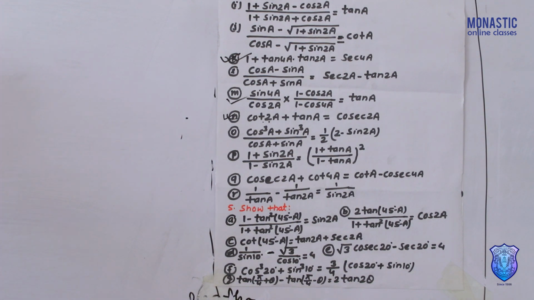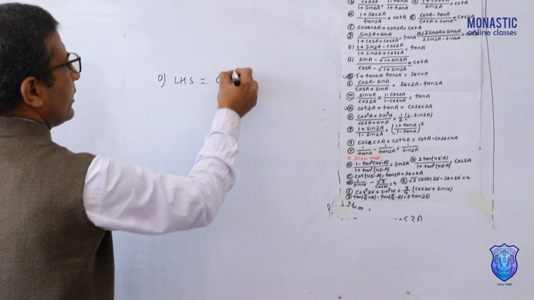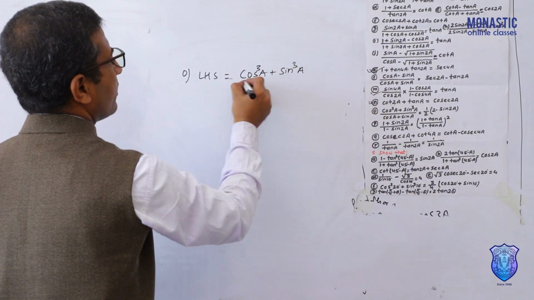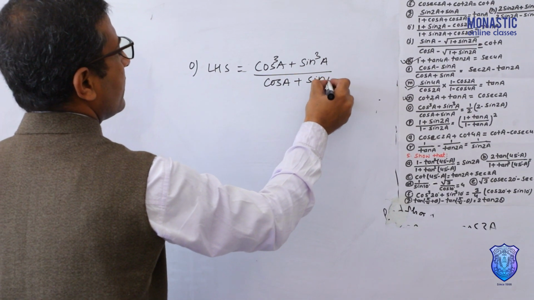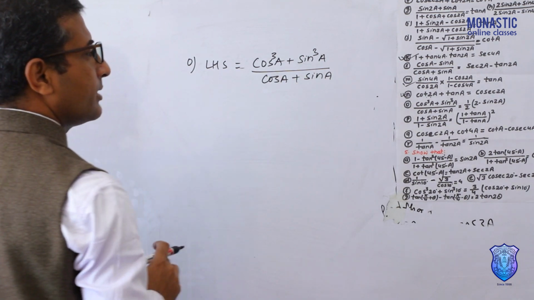In question number O, LHS is (cos cube A plus sin cube A) by (cos A plus sin A). But in RHS, there is nothing in the denominator. It means we must cancel this.